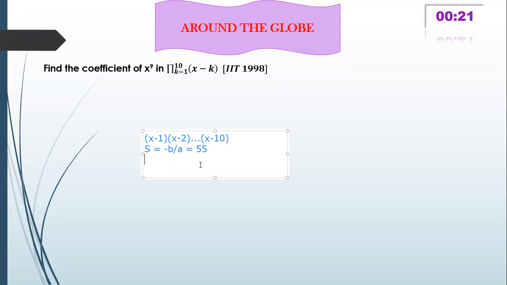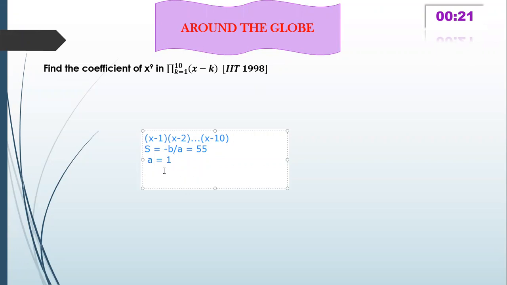You know here that a is equal to 1, right? Because x is given, there is no other coefficient, so if there is no coefficient given, then you have to take it as 1.